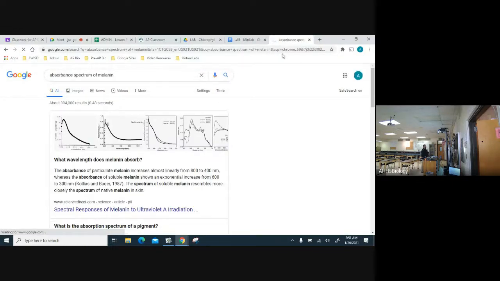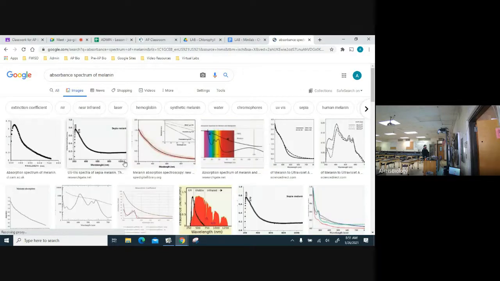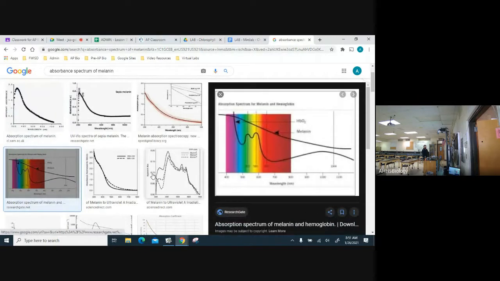Human skin pigment. The absorbance spectrum of melanin. Okay, so it looks like this spectrum includes things that are infrared and maybe even UV, though it doesn't absorb UV very well, which is why that causes sunburn.